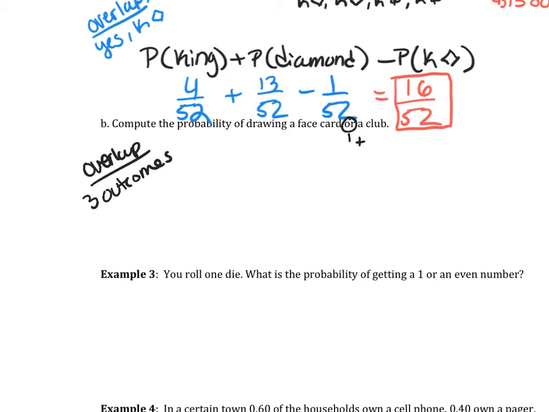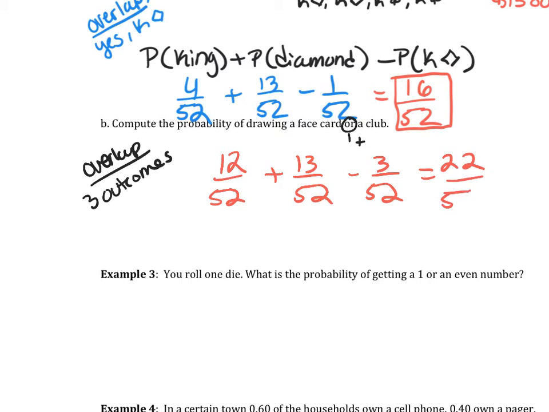So when we do our addition, there are 12 face cards, so 12 over 52, plus there are 13 of each suit, so plus 13 over 52. And then there are those 3 outcomes in the overlap, so we would minus 3 over 52. So that should give you 22 over 52.